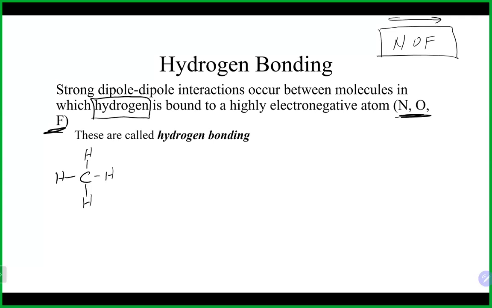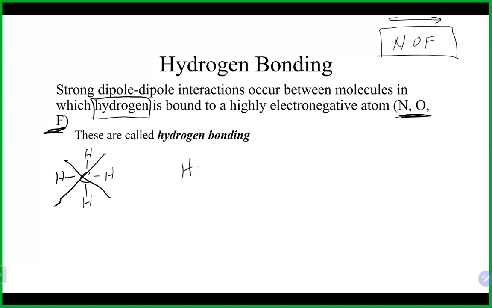It cannot hydrogen bond even though it's got a ton of hydrogens. And that's for two reasons. First off, the carbon-hydrogen bond is actually nonpolar, right? And secondly, the hydrogens here are not attached directly to a nitrogen, oxygen, or fluorine. So even though it's got a bunch of hydrogens, it cannot hydrogen bond.